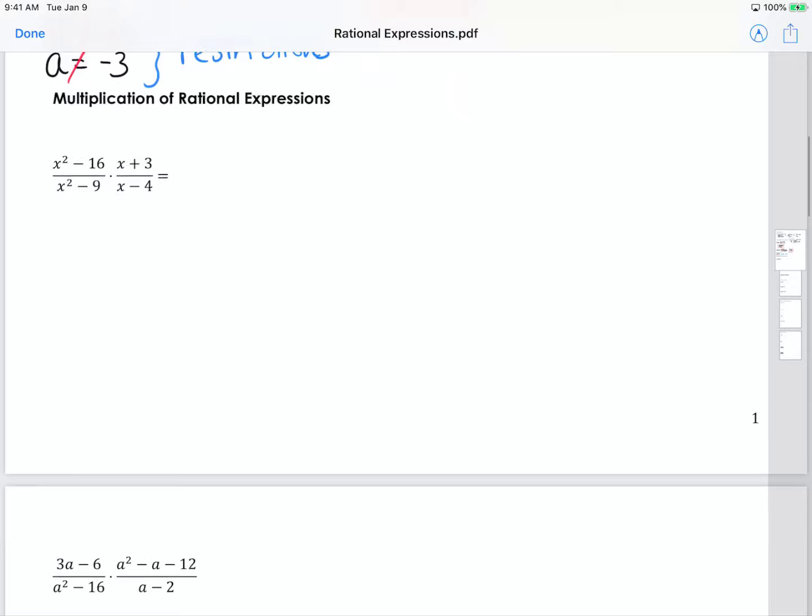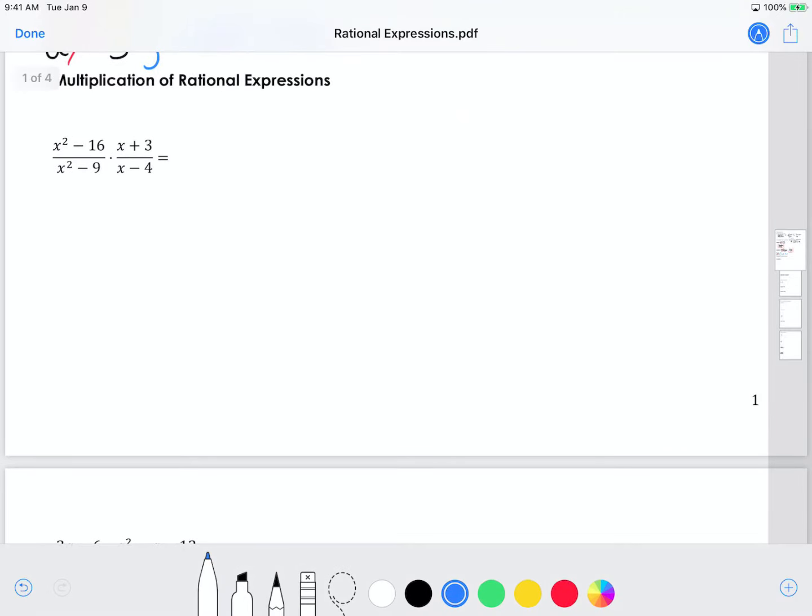Okay, now going on to multiplication of rational expressions. If we think back about how to multiply fractions, we multiply across the top, and then we multiply across the bottom. Then we can cancel out anything that they have in common on the top and the bottom.